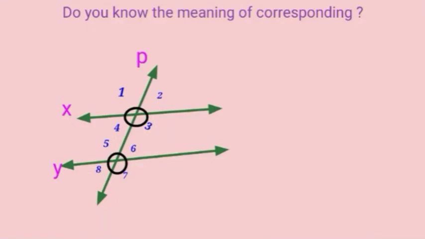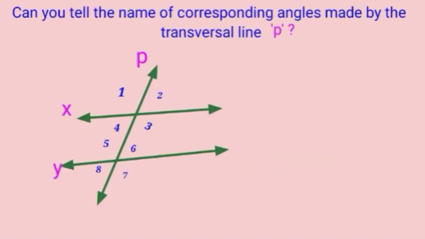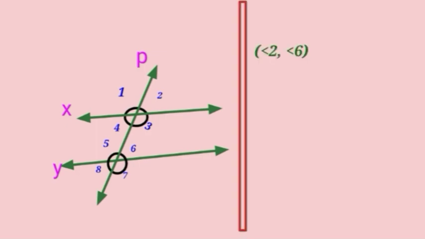Do you know the meaning of corresponding? The word corresponding means similar in position. If you now list the positions of angles, can you tell the names of corresponding angles made by the transversal line P? If you observe, both the angles 2 and 6 lie on the same side and at the same position of the same transversal line.